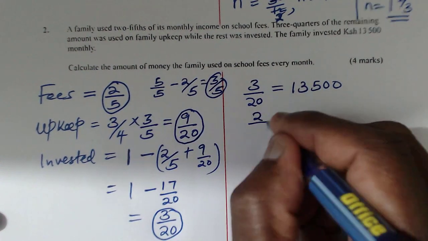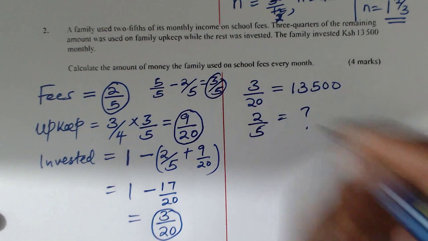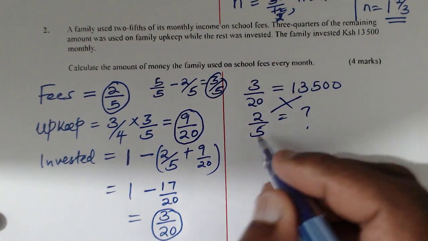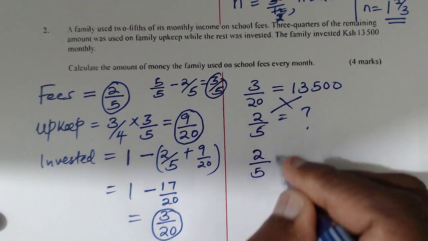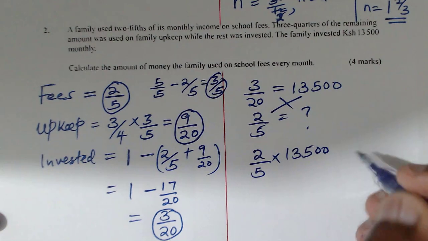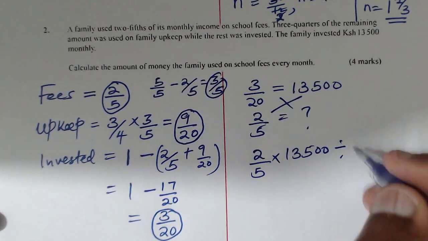We're given that. So what about the fraction that represents the fees, which is 2/5? We cross multiply these, and we get 2/5 multiplied by 13,500, then divided by 3/20.